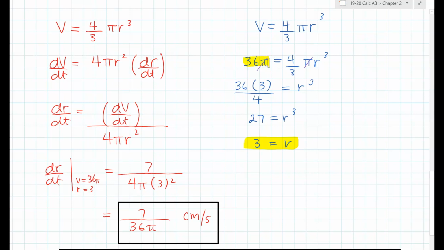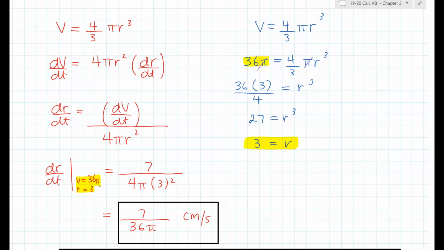I canceled out the pi's, multiplied by 3/4 on both sides, and reduced. The cube root of 27 is 3. So now I know that my radius is 3 when the volume is 36 pi. So I put that in my dr/dt over here. That information helps me plug in for the rest of the problem.